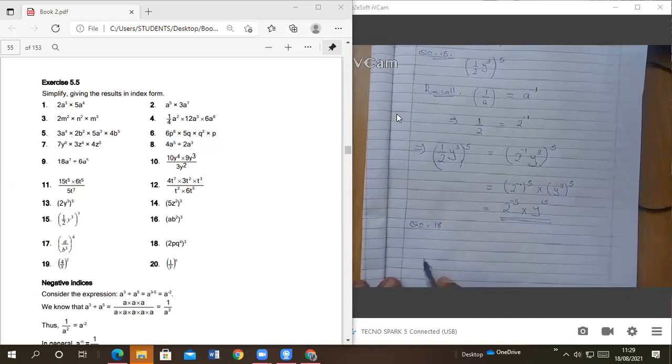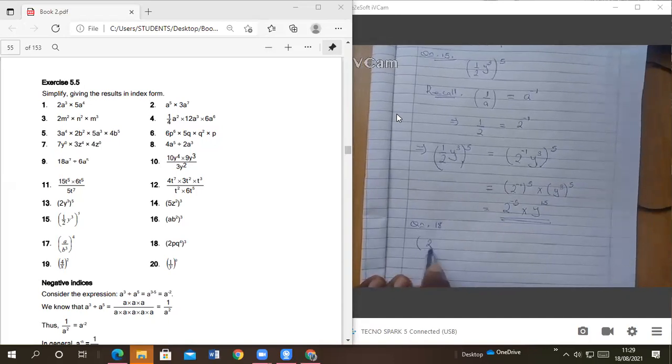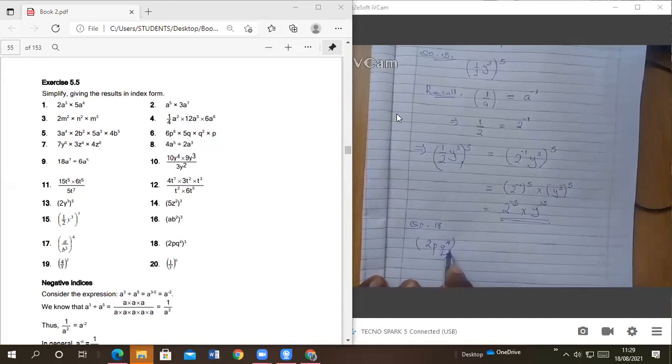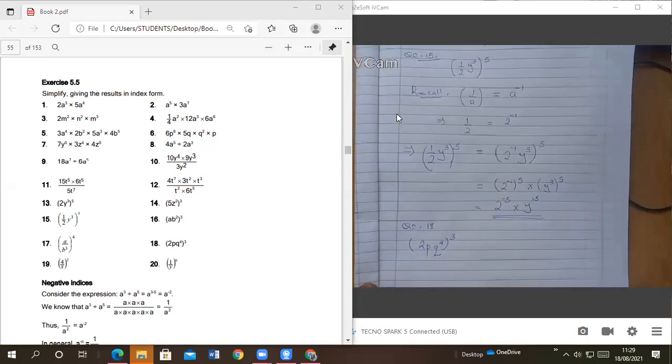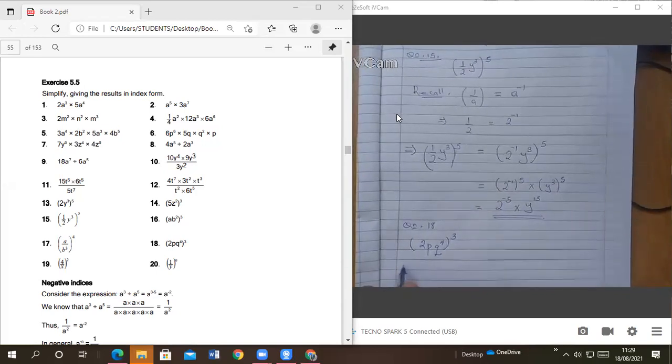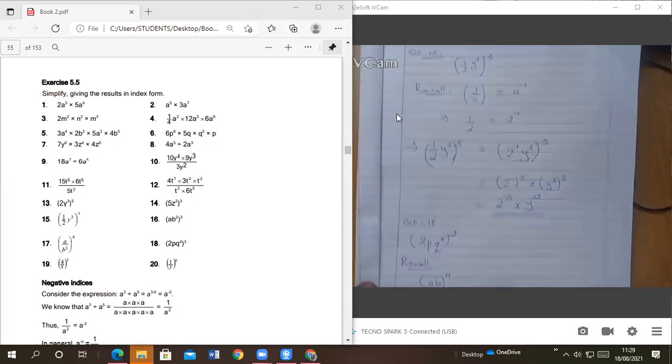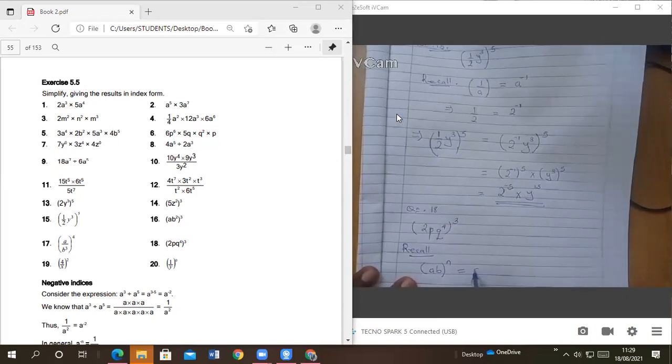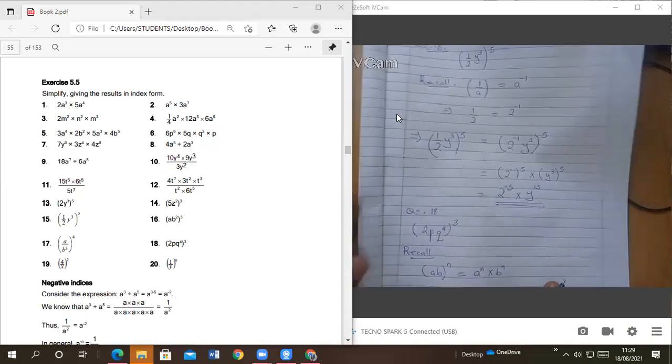Question 18 is saying 2p squared q to the power 4, but it is again raised to the power 3. When we recall very well, if I have ab to the power n, this will be a to the power n times b to the power n.